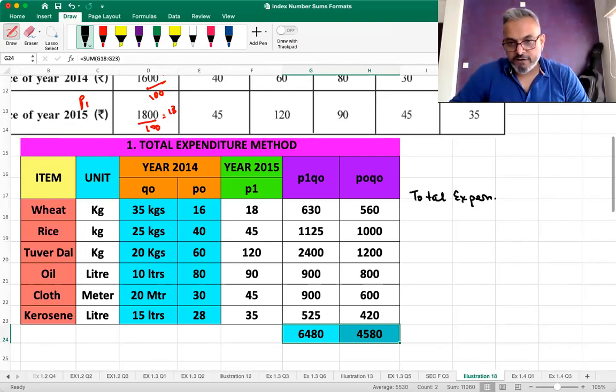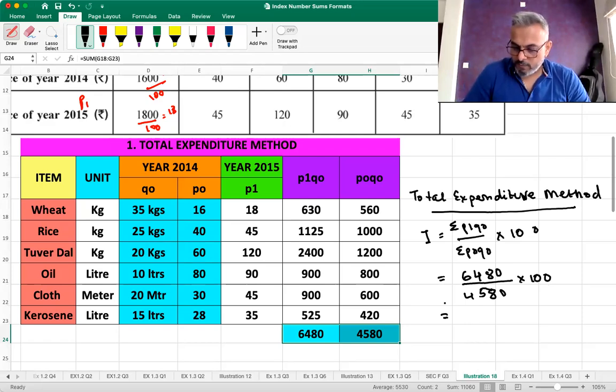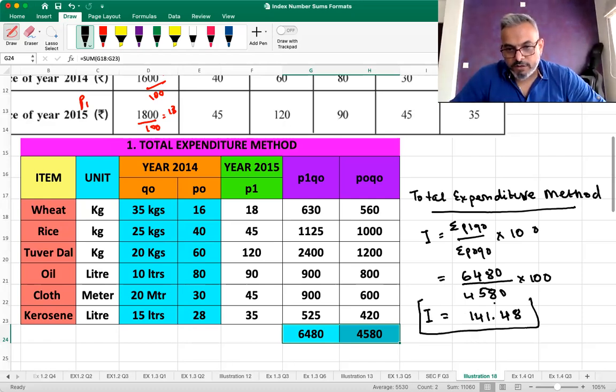So total expenditure method: I is equal to sigma P1Q0 upon sigma P0Q0 into 100, which is equal to 6480 upon 4580 into 100, which is 141.4847, so 141.48. This is as per the total expenditure method.